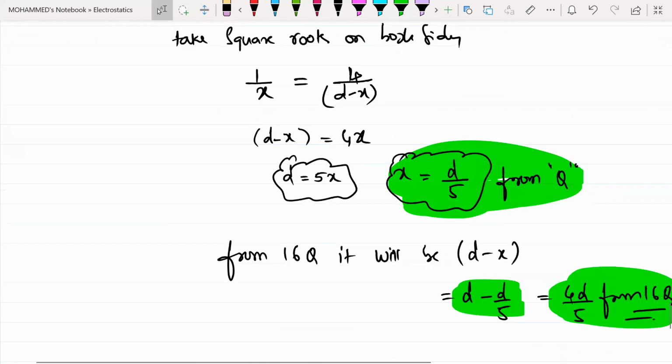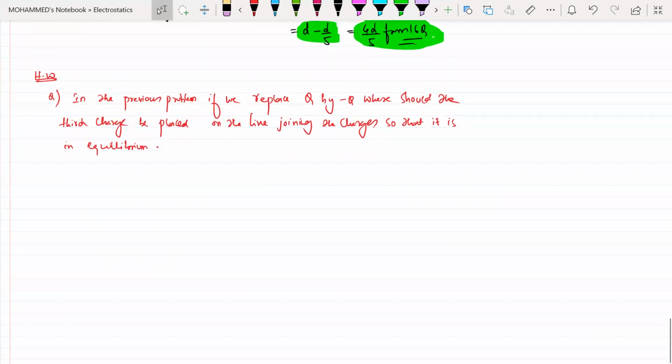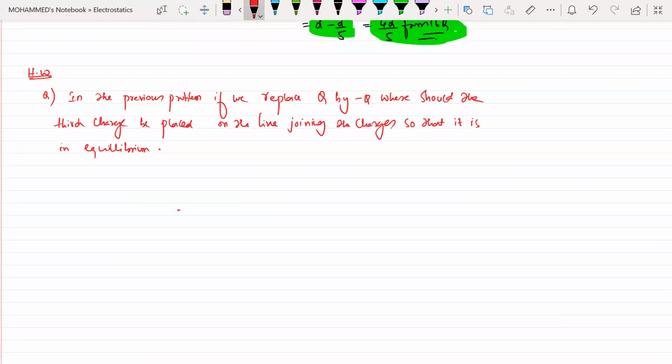Just what I am trying to tell you is this. See, this one is capital Q, this one is 16q, and this one is negative, minus. This is positive.